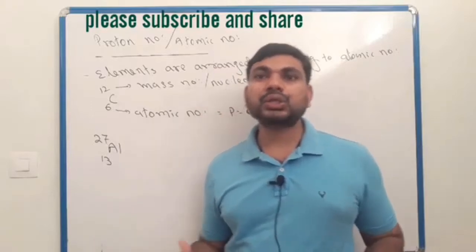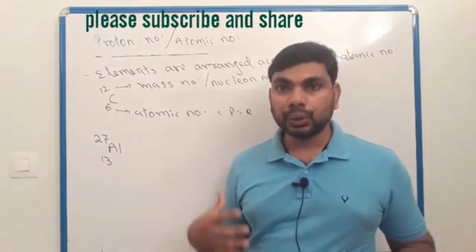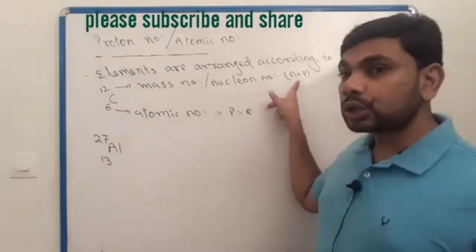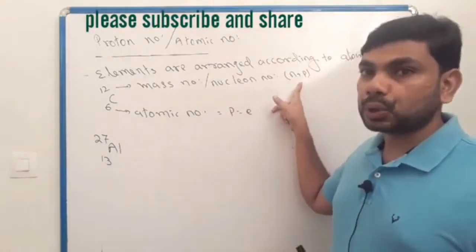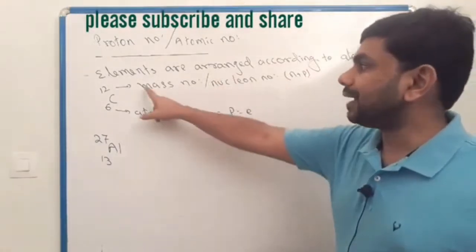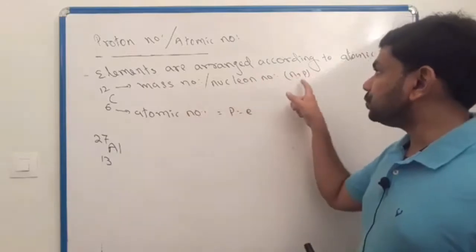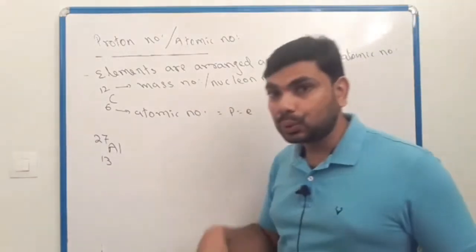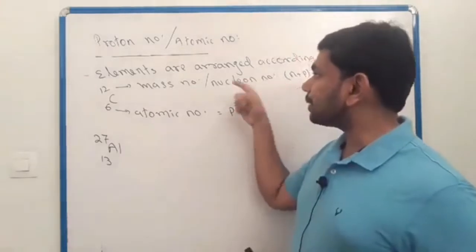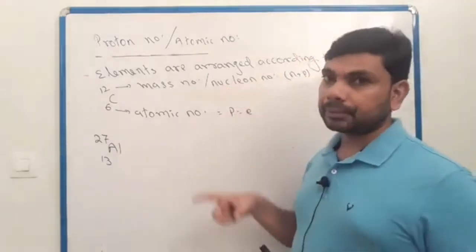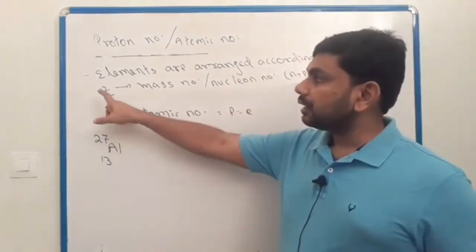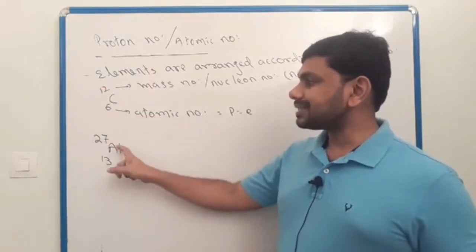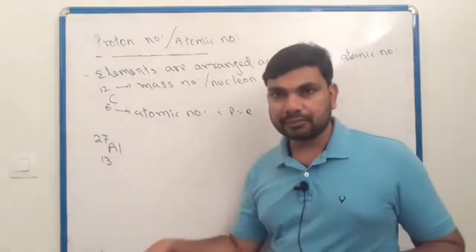Nucleon number or mass number means the total number of neutrons and protons. Neutrons and protons are inside the nucleus, that's why this number is called nucleon number. So the mass number of carbon is 12, and the mass number of aluminium is 27.